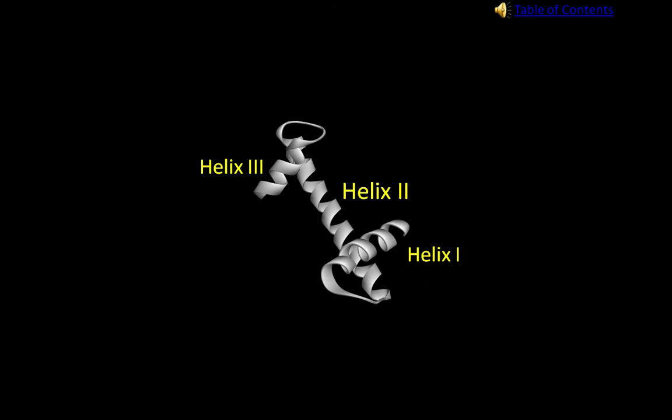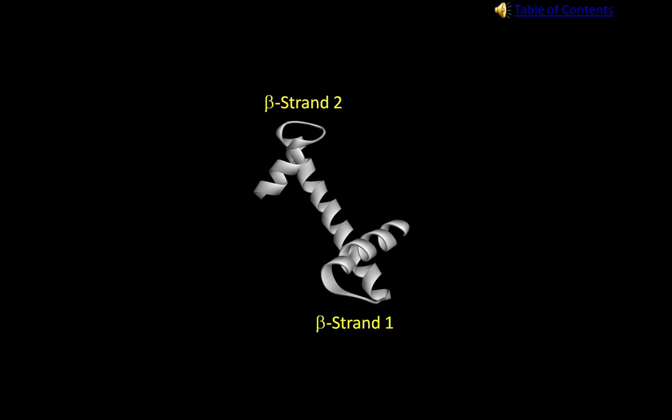Now there's one other pair of objects we've got to look at. These are the loops connecting the peripheral helices 1 and 3 to the central helix 2. These are considered to be beta strands, wherefore the structure of the histone monomer core may be described as helix-strand-helix, or HSH for short.